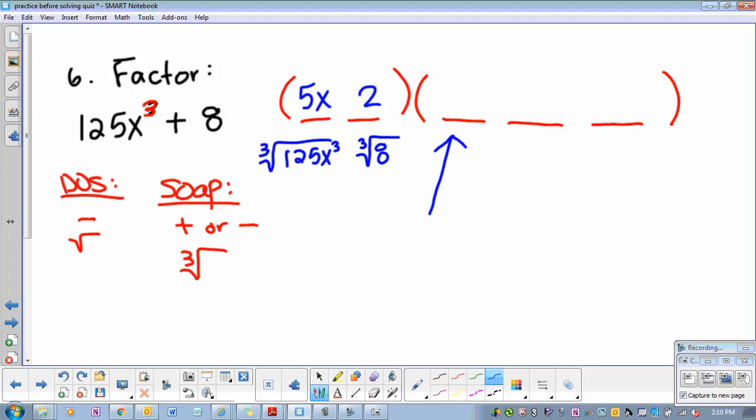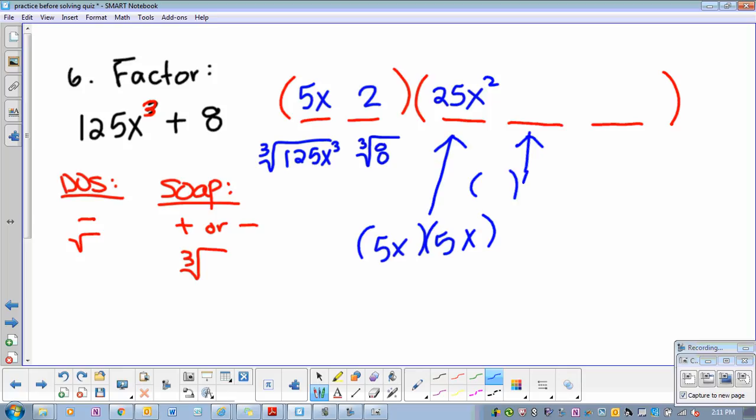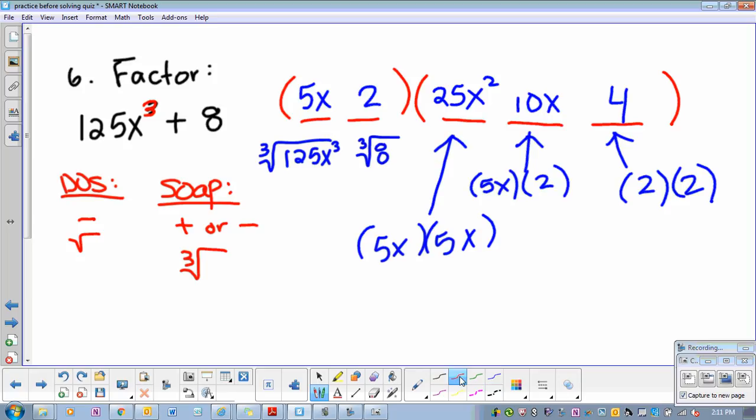What goes in this first one? 25x squared. Remember, you have to multiply the first one by itself. Don't add, you have to multiply. All right, and in the middle, what is it? 5x times 2, so it's 10x. And then what goes in this last one? Good, because it's 2 times 2. And that's the only combination you have left, right? Good. Same, opposite, and always plus.